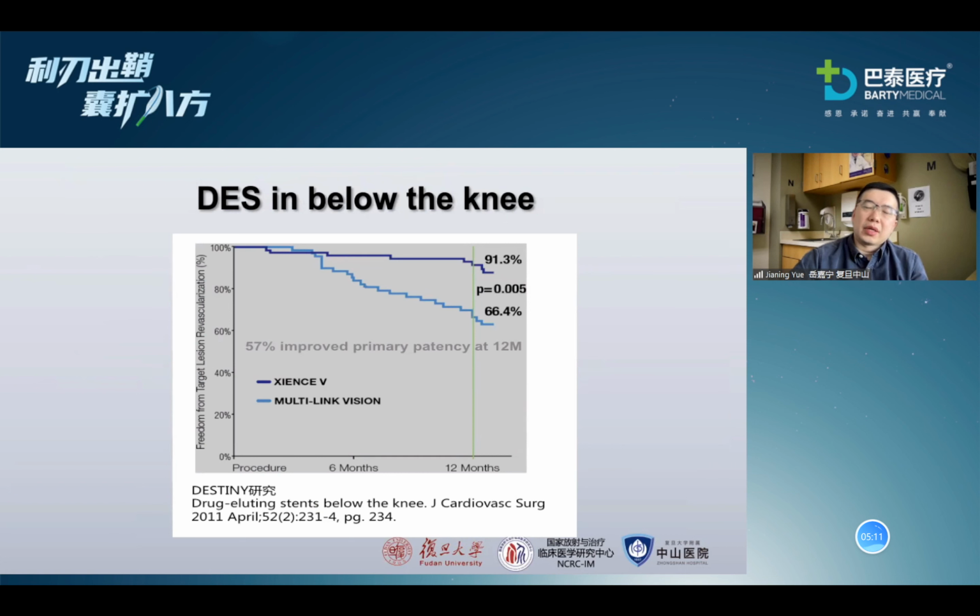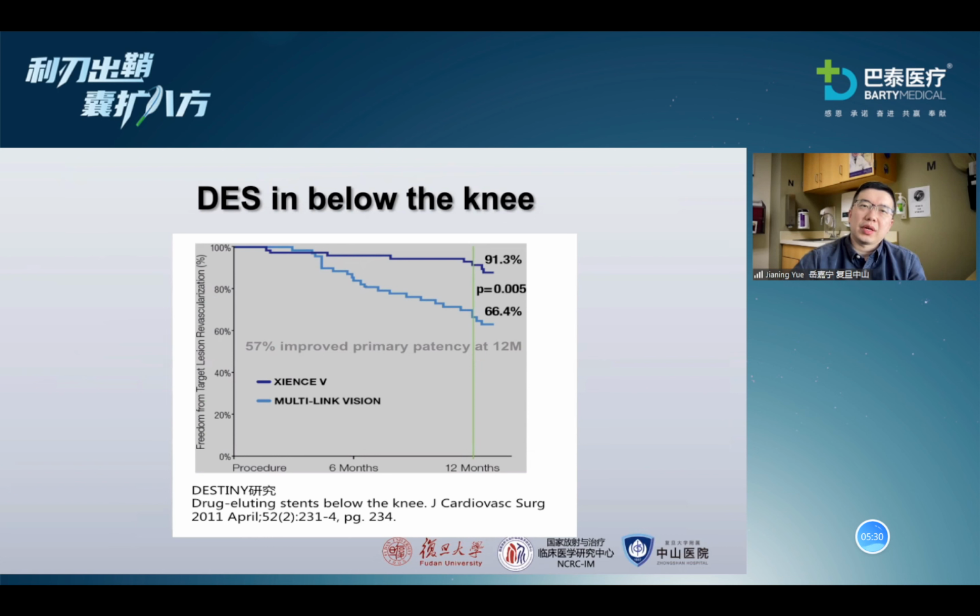So considering the distal runoff, we decided to use DES. We use Science, which is a coronary product, but there is BTK evidence.